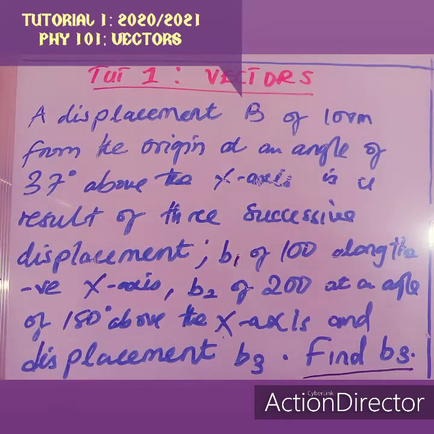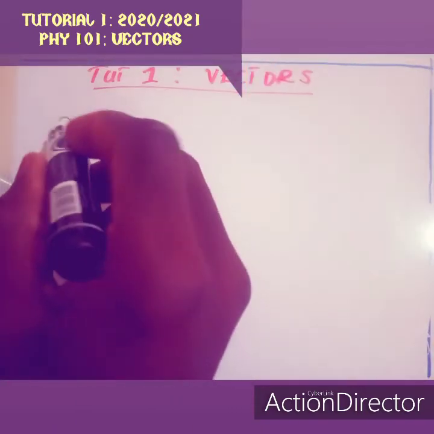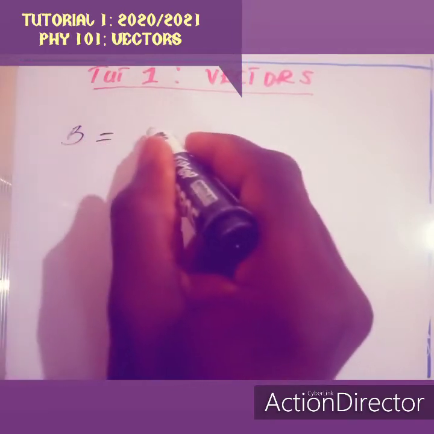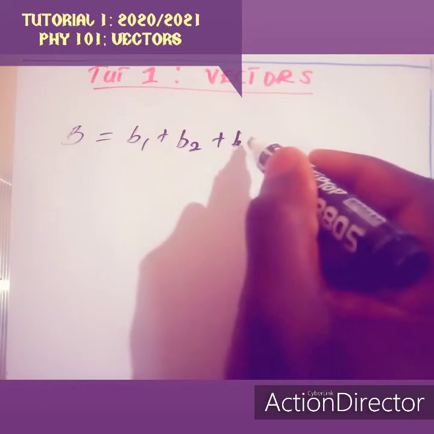You can pause this video if you want to try solving the question before we solve it together. Okay, so let's look at the solutions. For us to answer, we've got to understand that the displacement B is a result of three successive displacements. If that is the case, then B will be equal to B1 plus B2 plus B3.